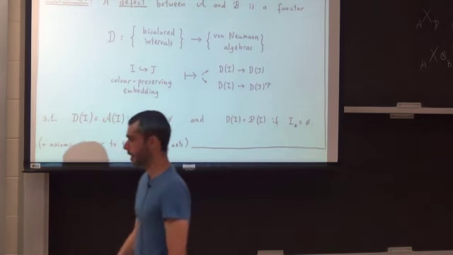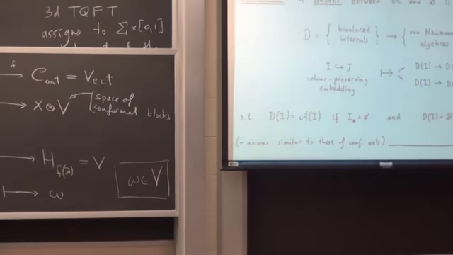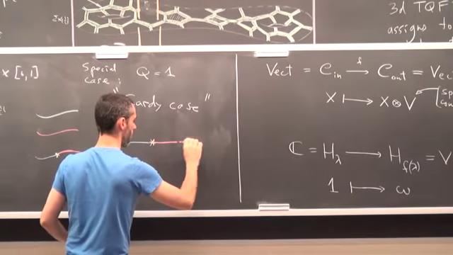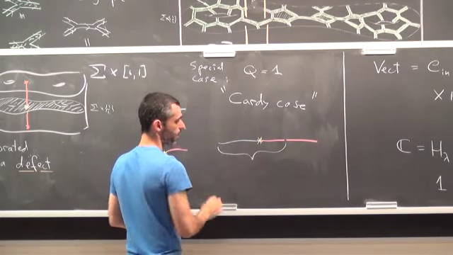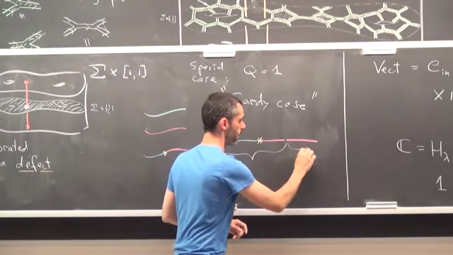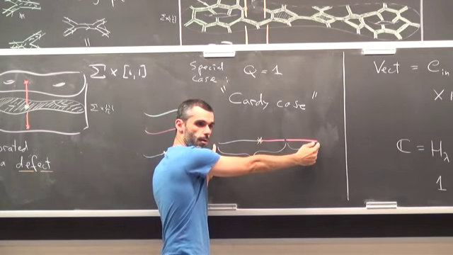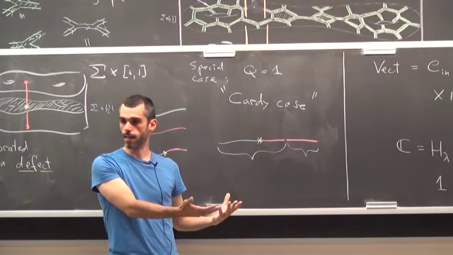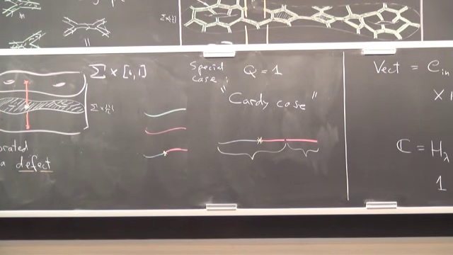If I have, say, an interval which I'm going to think of as being the union of two intervals, this one and that one. So I have an algebra corresponding to this half and an algebra corresponding to that half. And those two sit as subalgebras of the algebra corresponding to the whole thing. Then these two algebras should commute, and they should generate something dense. What are the other axioms?